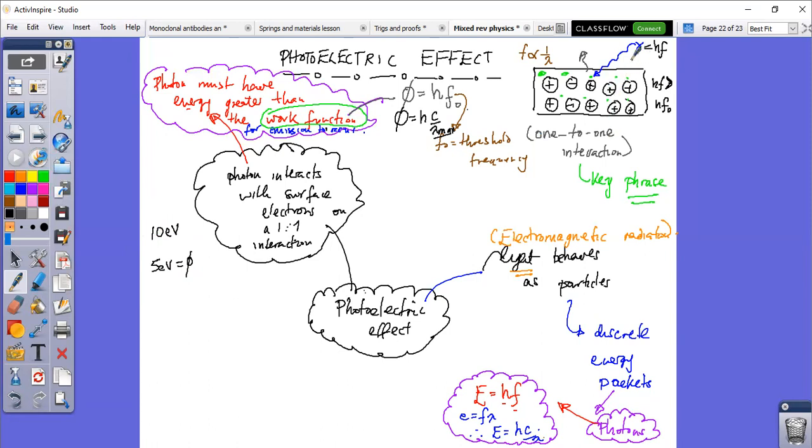Well, remember, one of the big ideas in physics is conservation of energy. If there are 3 laws you need to know in physics, they're conservation of energy, conservation of momentum, and conservation of charge.